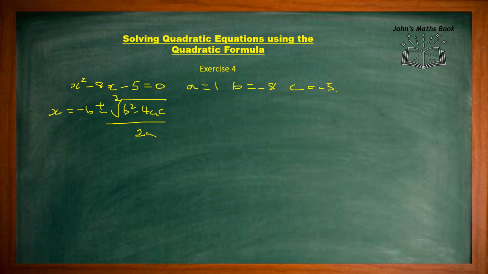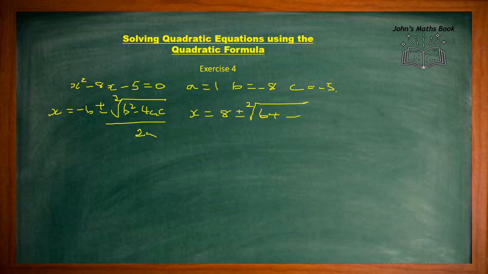So if we plug the values of a, b, and c into the formula, we get x is equal to minus b. So minus 8, two negatives make a positive, so minus 8 becomes 8, plus or minus the square root of b squared. So minus 8 squared is 64, minus 4ac.